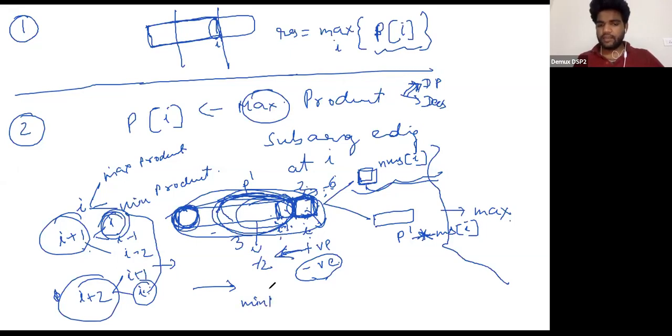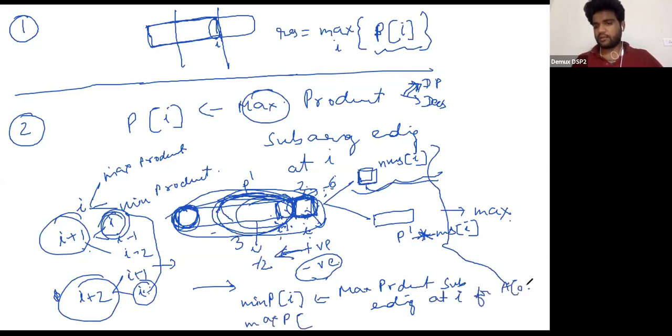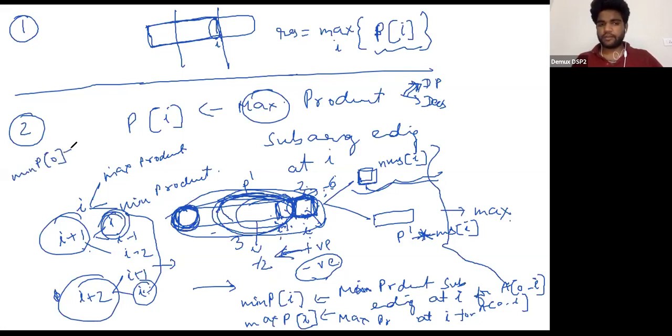Min p of I denotes the minimum product subarray ending at I, and max p of I is the maximum product subarray ending at I, for A0 to I. So I can then say that min p of 0 and max p of 0, for the smallest subproblem I'm storing in the table, are just nums of 0.